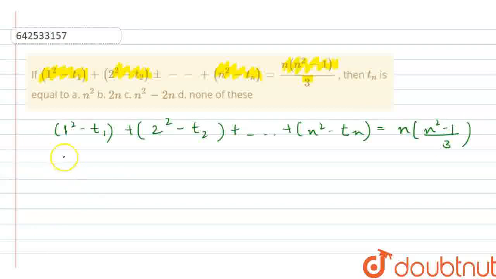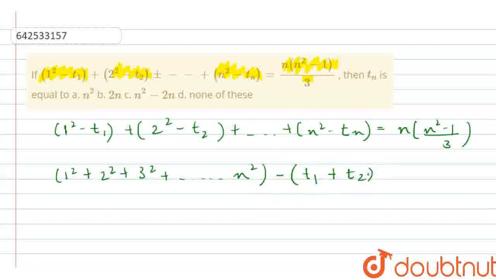After separation I can write it as 1 square plus 2 square plus 3 square, and like this it proceeds up to n square, and then minus sign here, t1 plus t2, and this series proceeds up to tn. So I have basically separated the series into two parts, and this equation is equal to n into n square minus 1 upon 3.